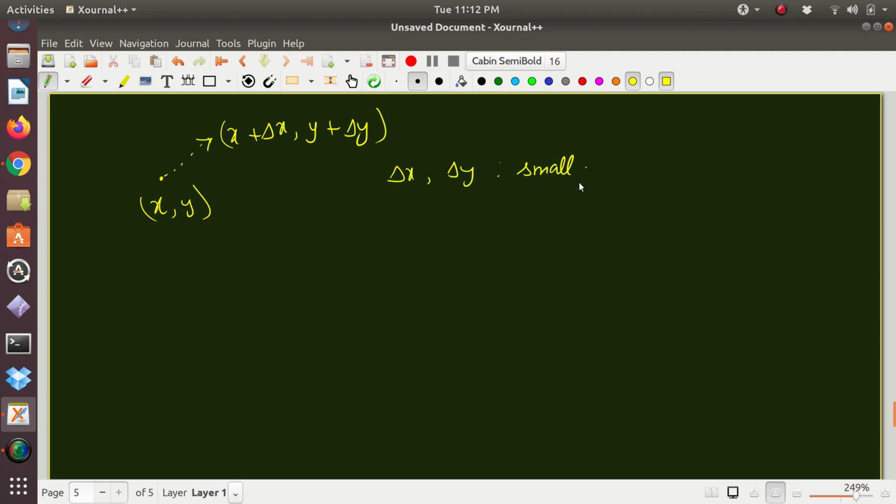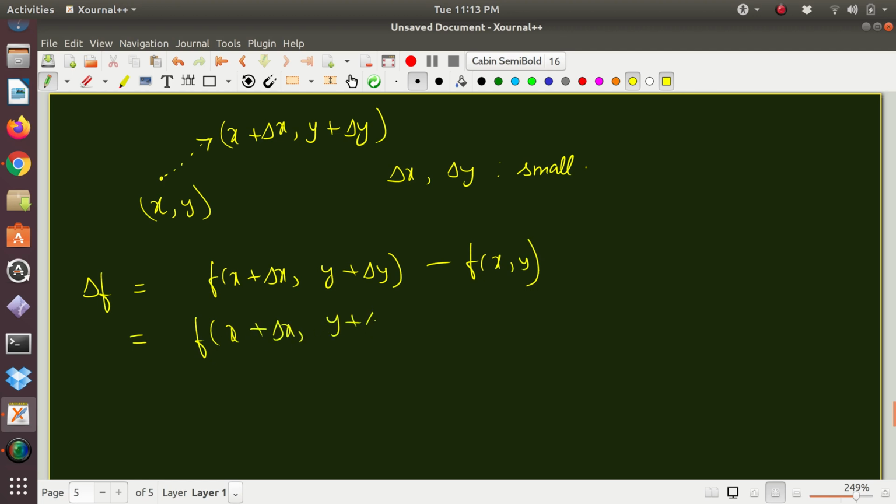Now delta f is f of x plus delta x, y plus delta y minus f of x, y. So I'm going to do a trick. I'm going to add and subtract the same quantity, f of x, y plus delta y.